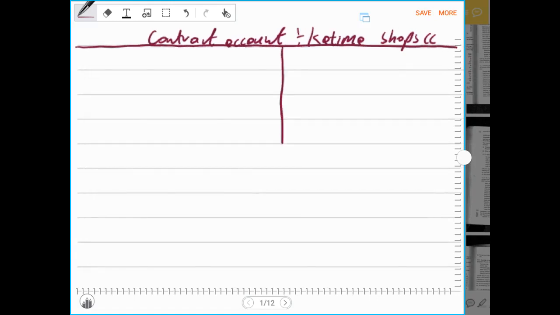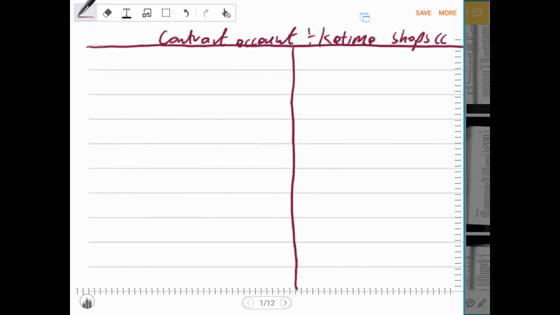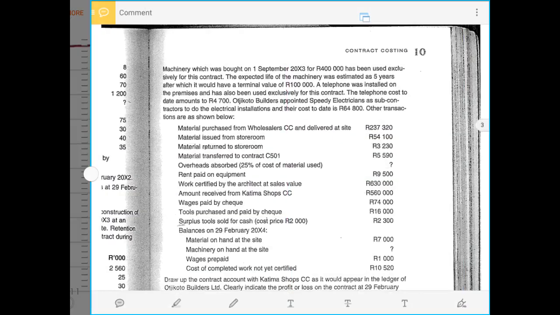So now we'll record everything that has to do with this contract. So now we know that all the expenses are recorded on the debit side of this ledger account, and whenever there's a transfer of material back to the storage or to another contract, it has to be recorded on the credit side of this contract.